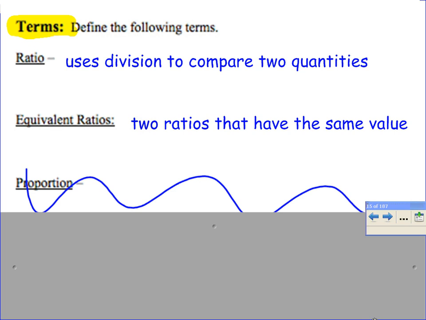Oh, definitely. Yeah, you could have 3, you could have 5, yeah. And don't worry about the word proportion. We're going to talk about that in 2 sections from now. So you can cross that off. So basically, a ratio compares two quantities. A unit rate, which we've already discussed, has a 1 in the denominator.